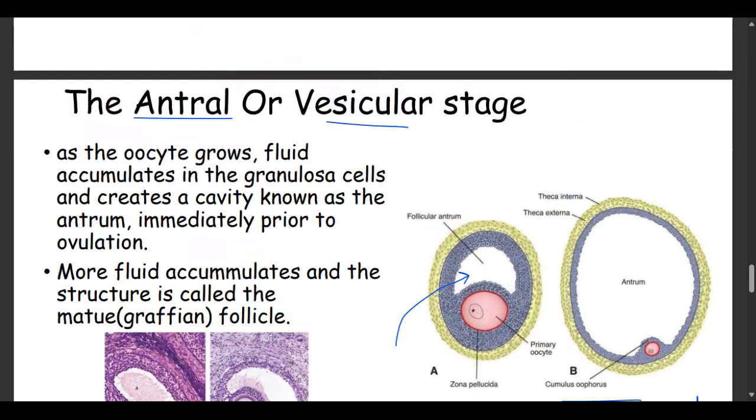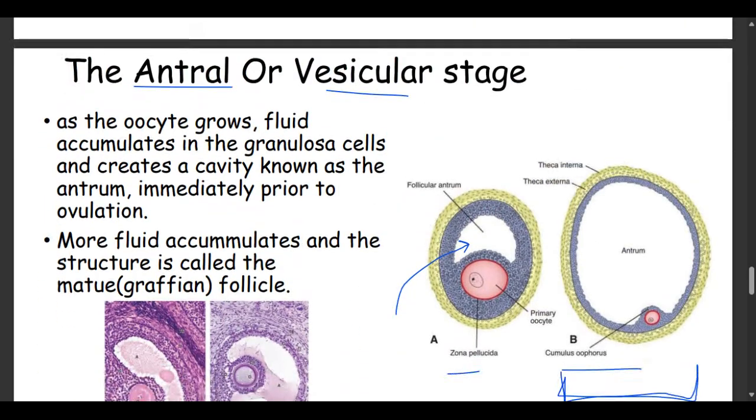Okay, so it will be arrested in metaphase 2. That growth will only continue if fertilization occurs. So if we remember properly from meiosis, we know that reductive division will be done after meiosis 2 is done.